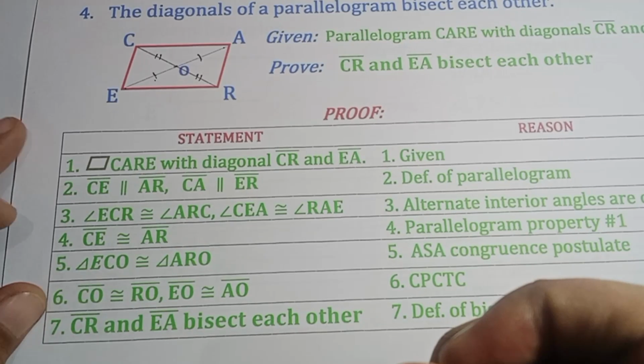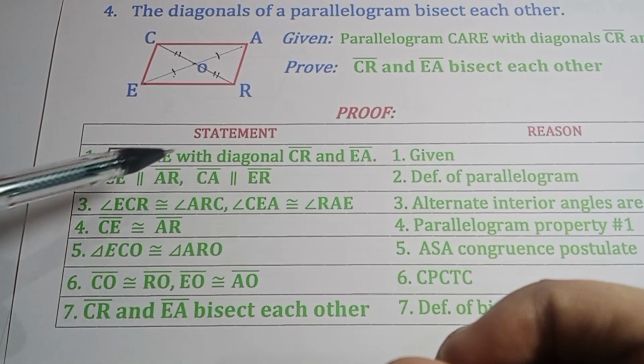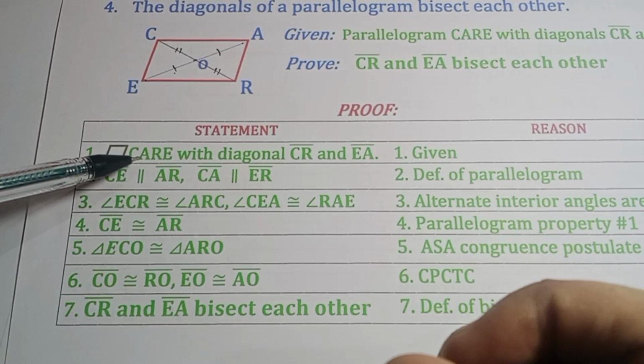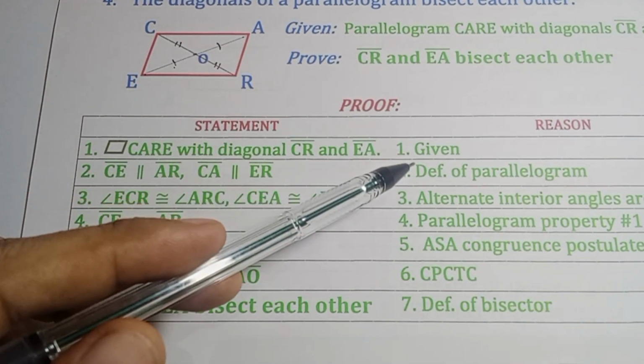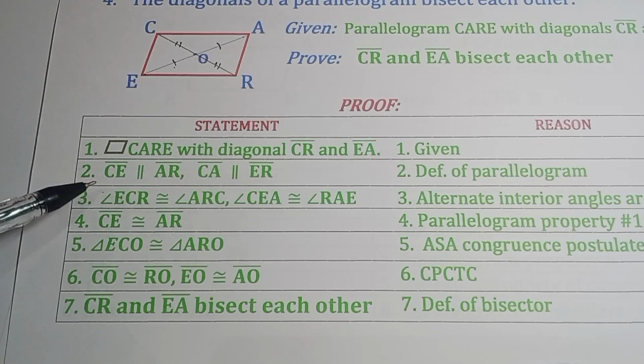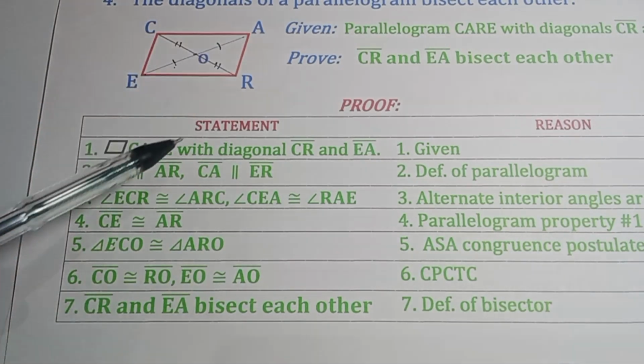So the first statement says that parallelogram here with diagonals CR and EA, that's given. And then since this is a parallelogram, by definition of parallelogram, we have CE is parallel to AR, this one.